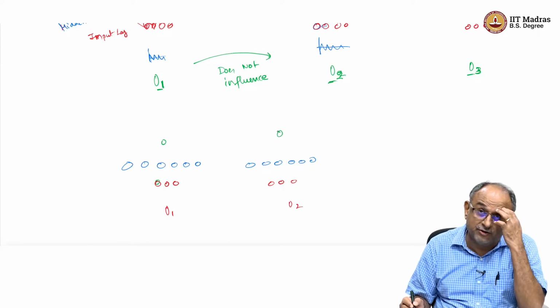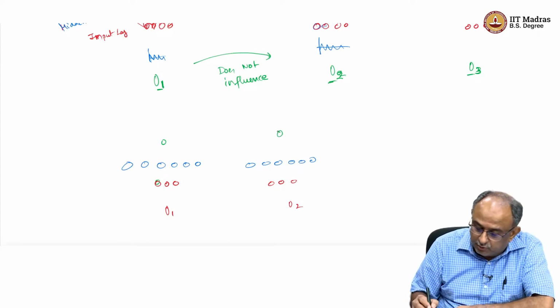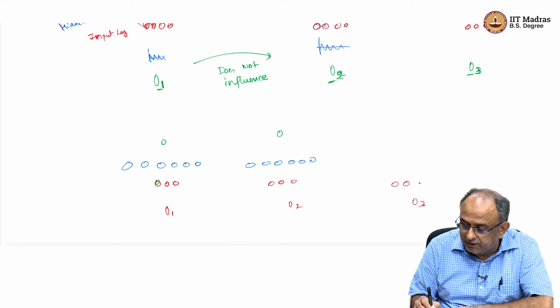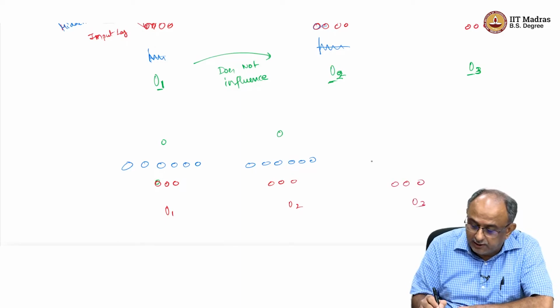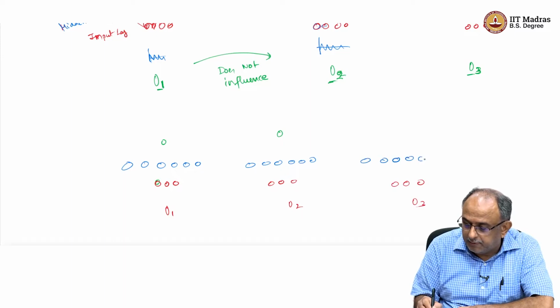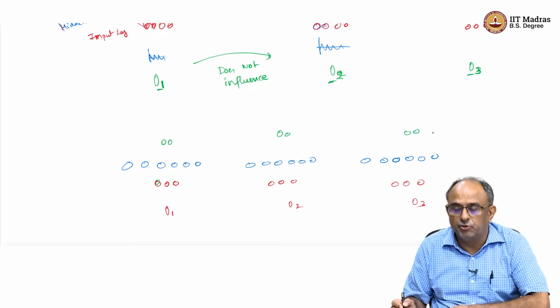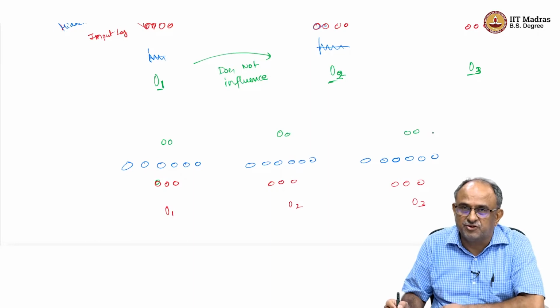O1 is not influencing my decision. Similarly, when O3 comes, I will again do something like this, and then for O3 I make a decision, okay. Or I might even have multiple outputs, maybe 2 or 3 class problems, speech versus silence or something, okay.